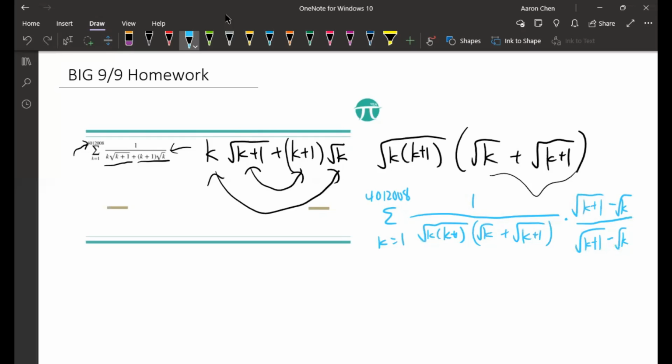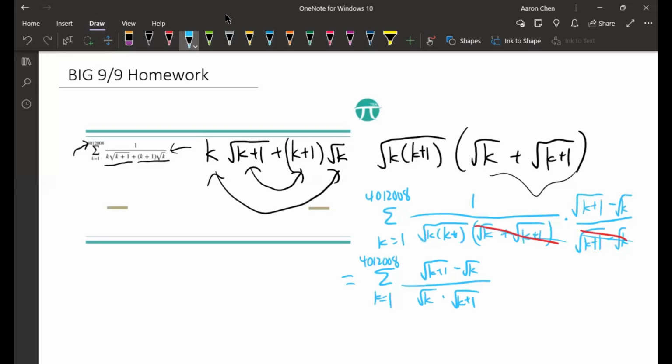So what this gives is that you're trying to find the sum from k equals 1 to 4,012,008 of the square root of k plus 1 minus the square root of k, and this conveniently all goes off to 1. These multiply off to 1, so they can be ignored. And so this is over the square root of k times the square root of k plus 1.